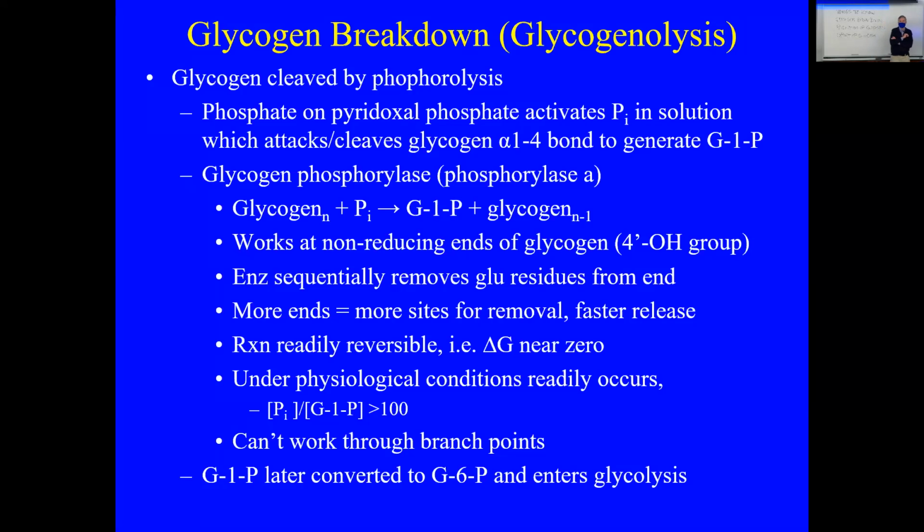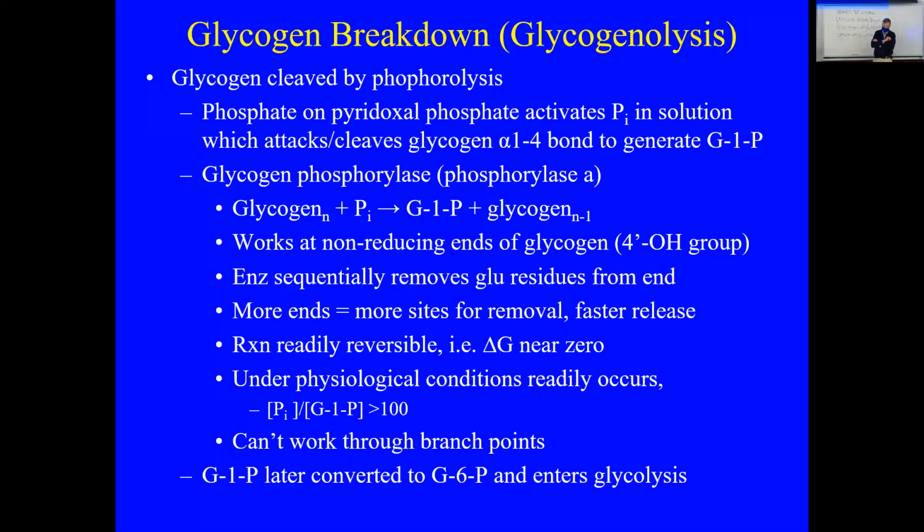All right, in this process, glycogen phosphorylase utilizes a critical cofactor. By cofactor, I mean a molecule that is independent. It's not a protein, but it is critical for the activity of glycogen phosphorylase. This particular factor is called pyridoxal phosphate.